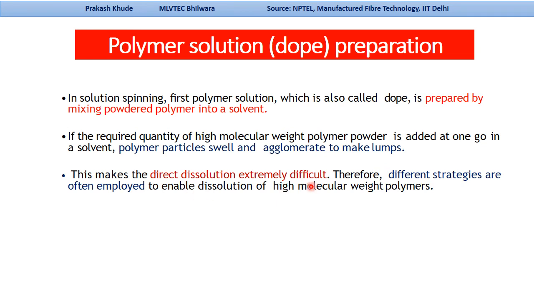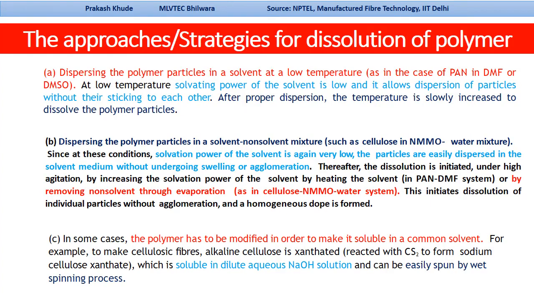Therefore, different strategies are employed for the proper dissolution of high molecular weight polymers. The first is dissolving the polymer at low temperature, or in other words dispersing the polymer particles in solvent at low temperature, because at low temperature the solvating power of the solvent is very low.